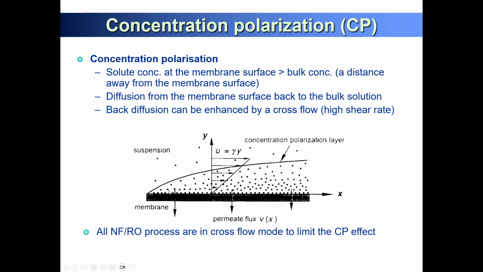But you pressurize, so the ions accumulate on the surface of the membrane, which means polarization is occurring on the membrane surface. Your concentration is high, which means you have a high osmotic pressure on the surface. Diffusion from the membrane surface back to the bulk solution, back diffusion, can be enhanced by cross flow.